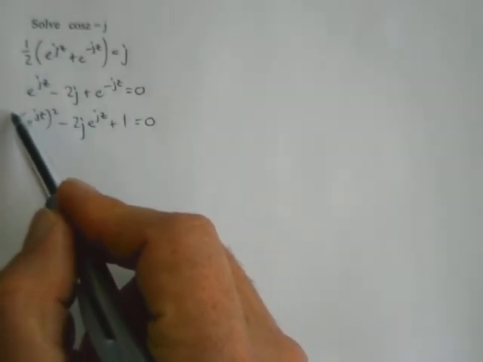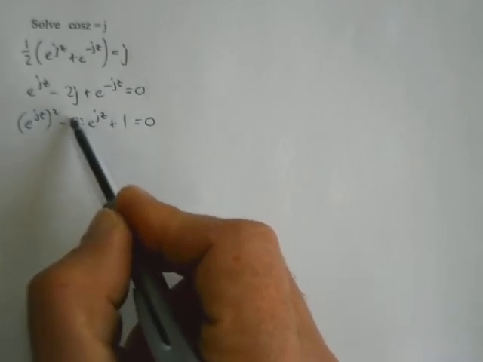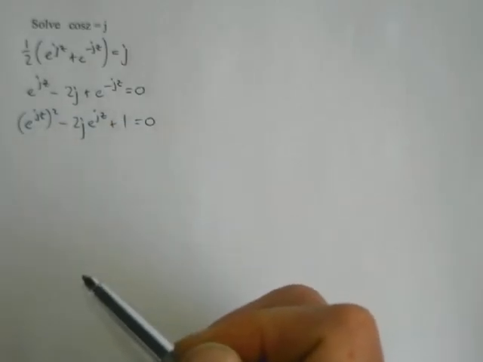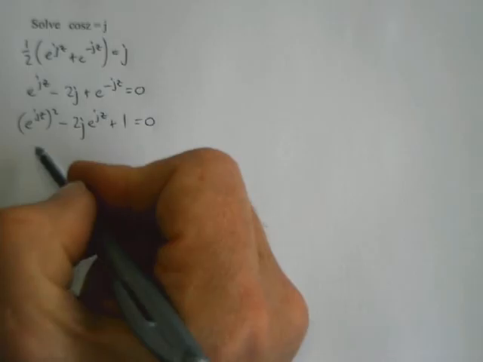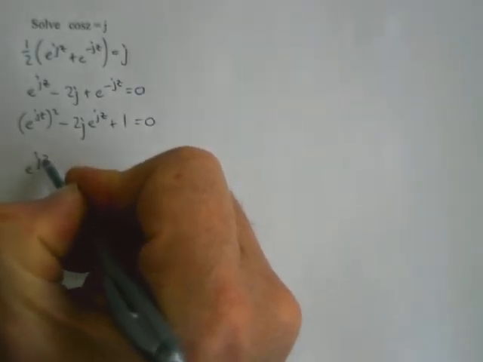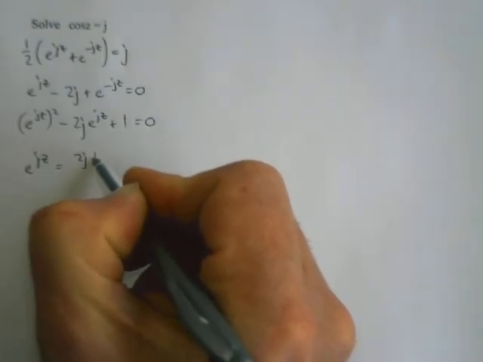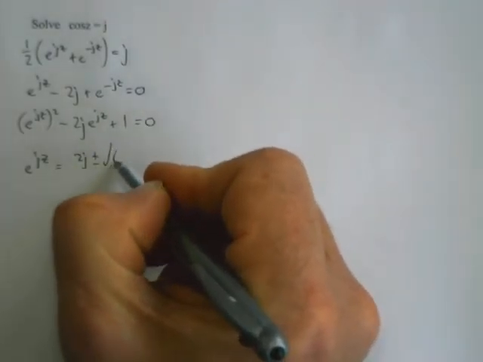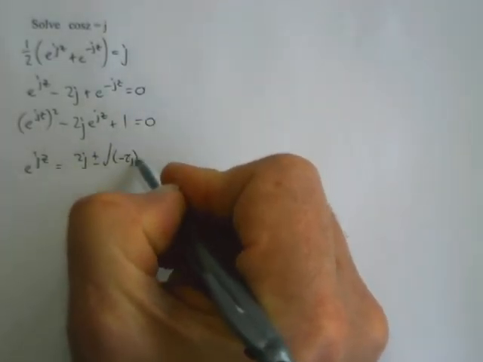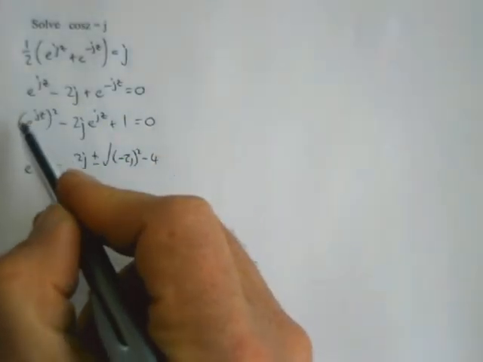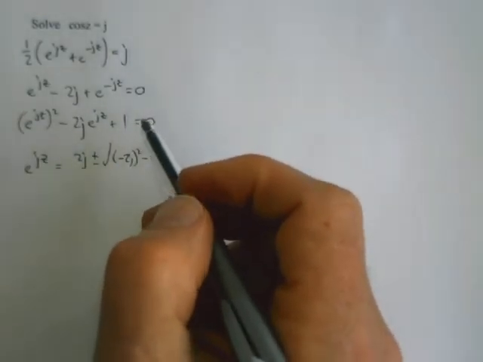I'm going to use the quadratic formula: x equals negative b plus or minus the square root of b squared minus 4ac, with a and c both 1, all divided by 2a, which is 2.